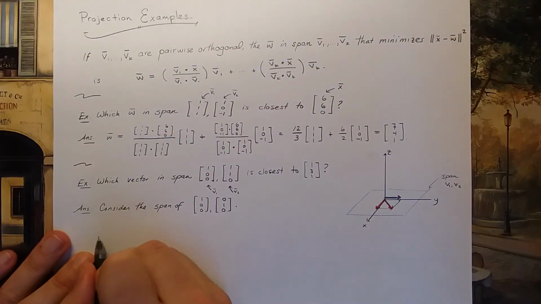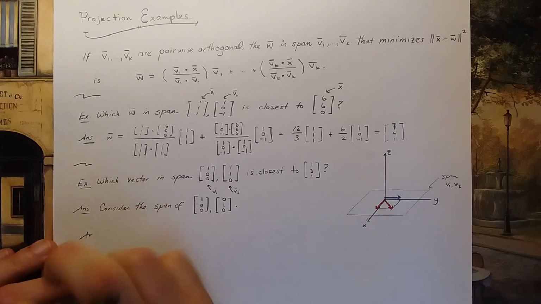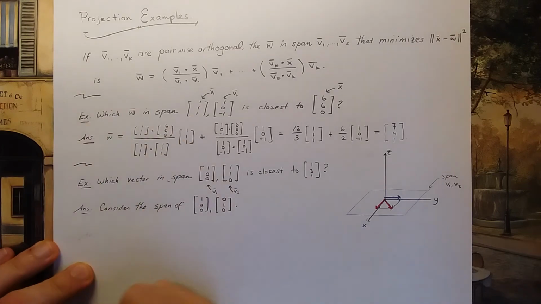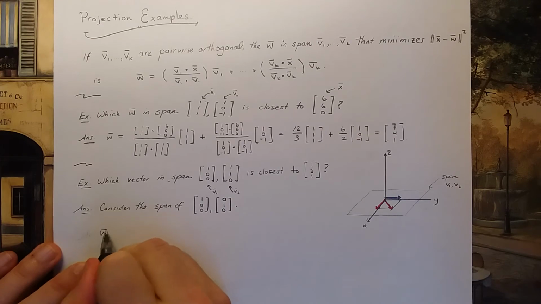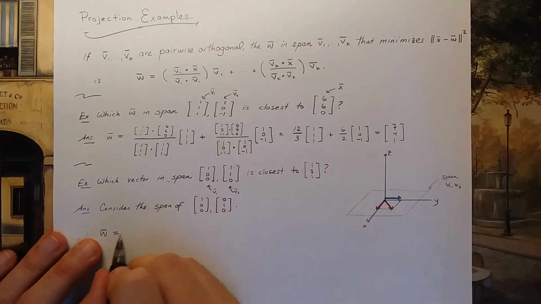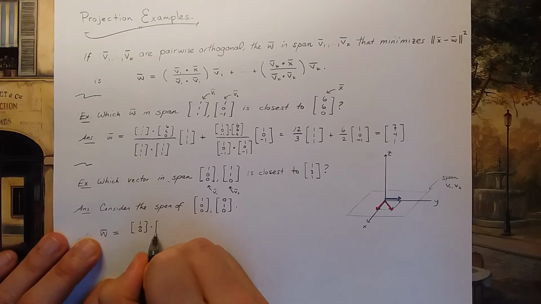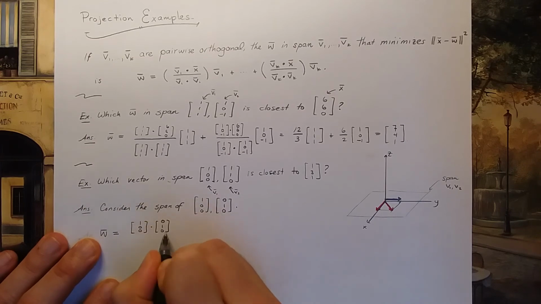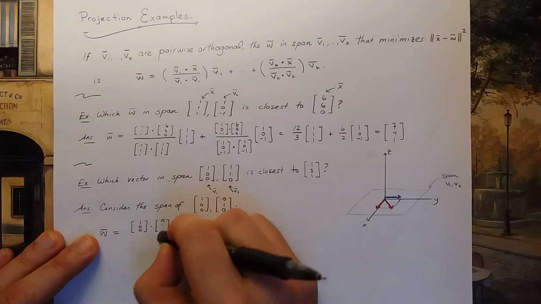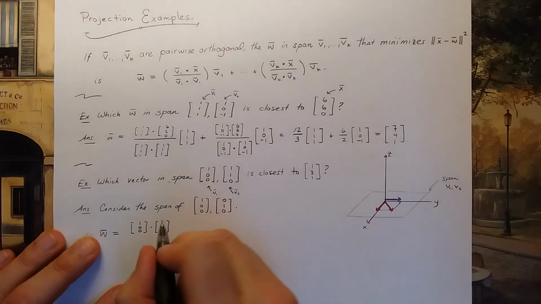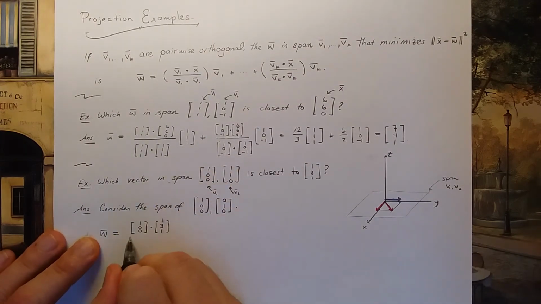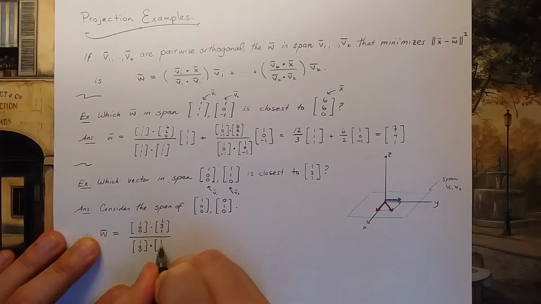So the answer is, oops, I already wrote answer. So that means the vector w I'm looking for is equal to the vector 1, 0, 0 dotted with x, which is 1, 3, 1, divided by 1, 0, 0 dotted with 1, 0, 0 times the vector 1, 0, 0.